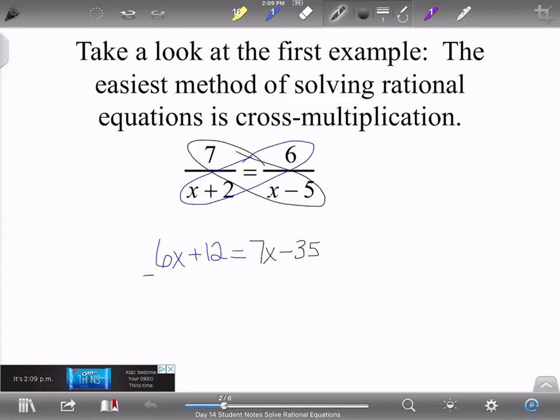So I would subtract 6x from both sides. And that's going to give me 12 equals x minus 35. Then I'm going to go ahead and add 35 to both sides.